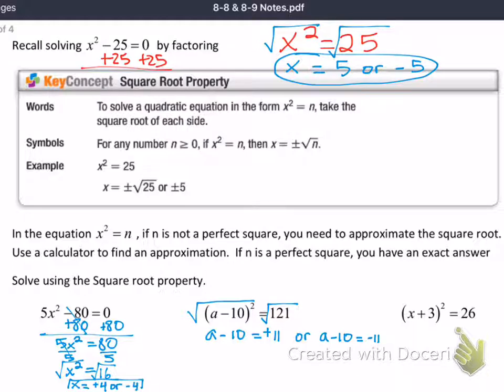And then now I have two equations, and so when you go ahead and solve it, I get a is equal to 21 or a is equal to -1.